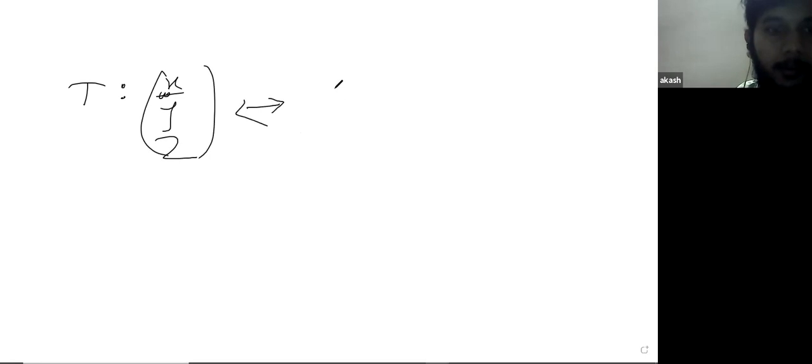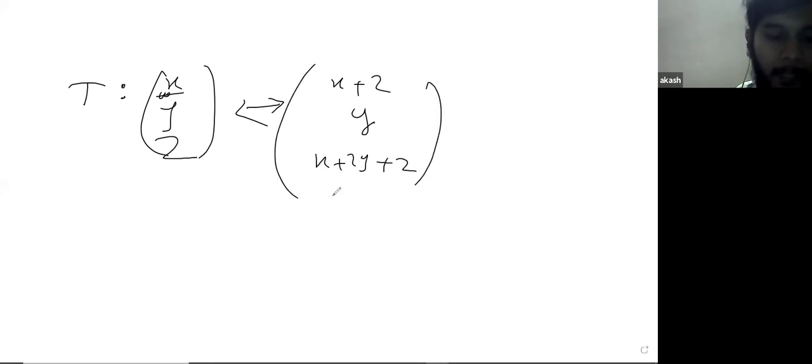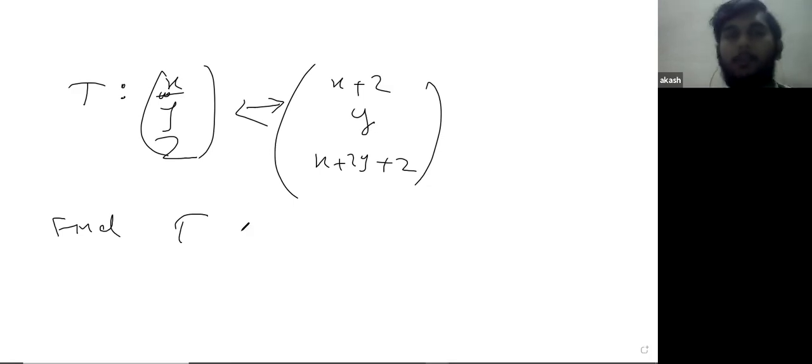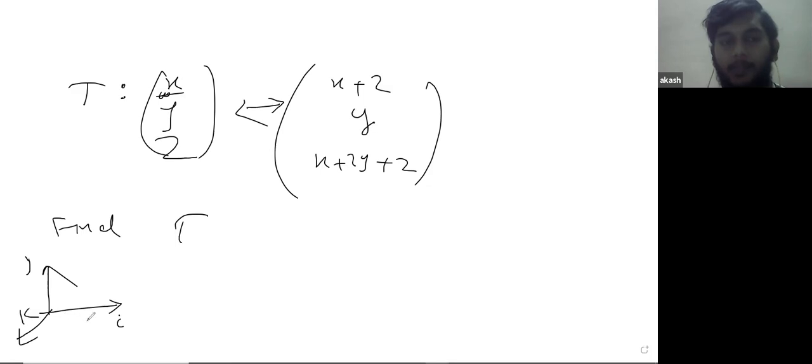Okay, so let's jump to a question. Given that T transforms (x, y, z) to (x plus z, y, x plus 2y plus z). Suppose this is the question. They are asking to find T. In three-dimensional space, there are three axes: I vector, J vector, K vector.